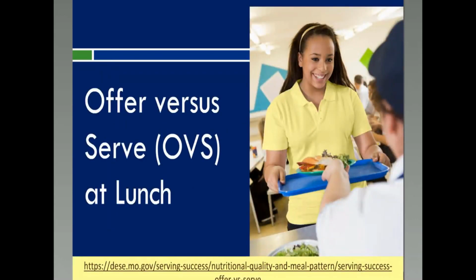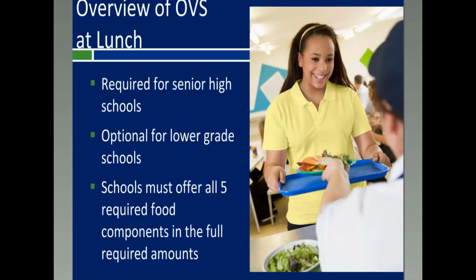Offer versus serve is required at the high school level at lunch only and is optional for all other grade groups. Schools must still offer all 5 required food components in those full required amounts, depending on which age group you are serving.